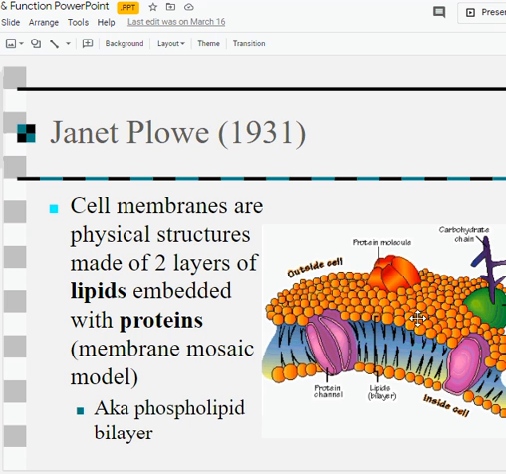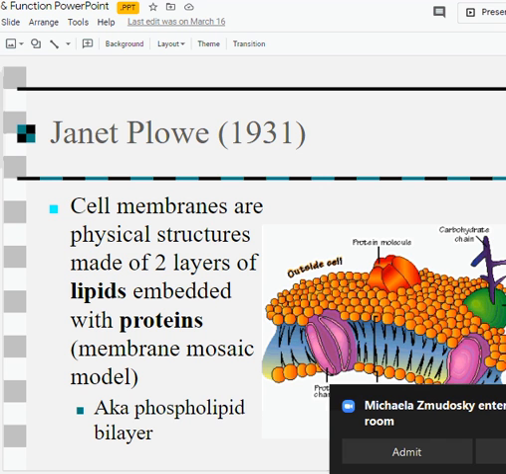And she recognized, using her own investigation, that there are proteins and all sorts of carbohydrate chains lumped into this, and it's fluid, and it can shift and bend and fold, and it's very functionally useful for cells. We're going to see a lot of different organelles that are made up of cell membranes.